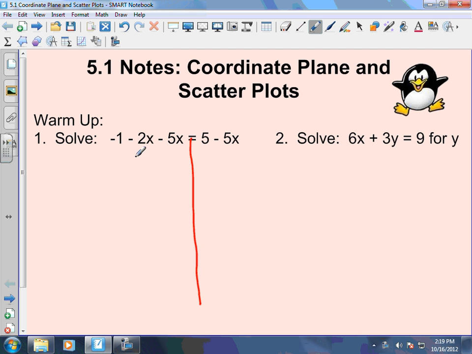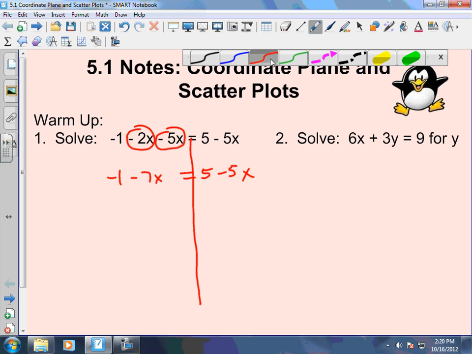Okay, number 1. We can combine like terms, negative 2x, negative 5x. So we get negative 1 minus 7x equals 5 minus 5x. I'm going to move the smallest number with a letter, so I'm going to add 7x to both sides.